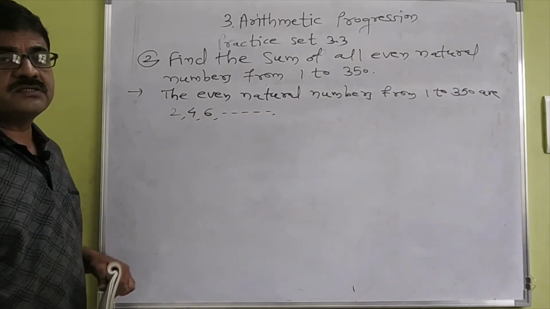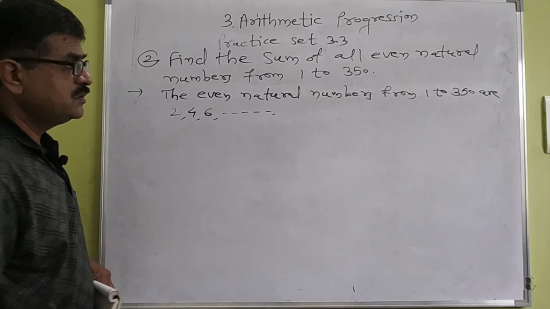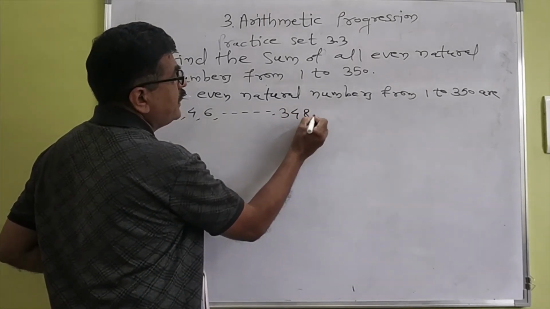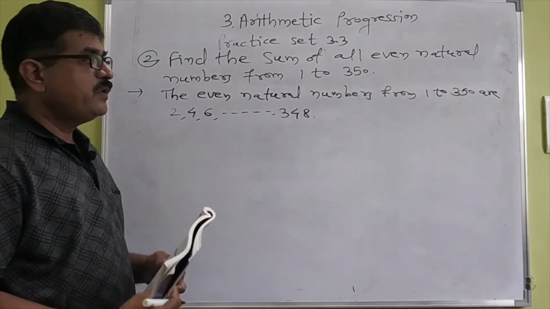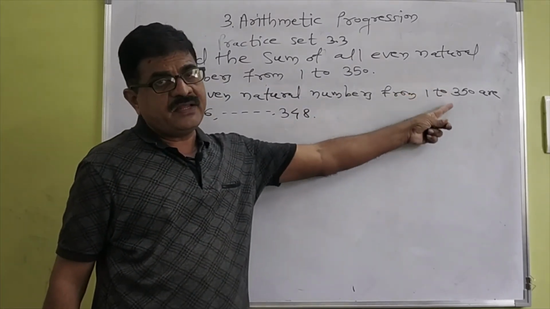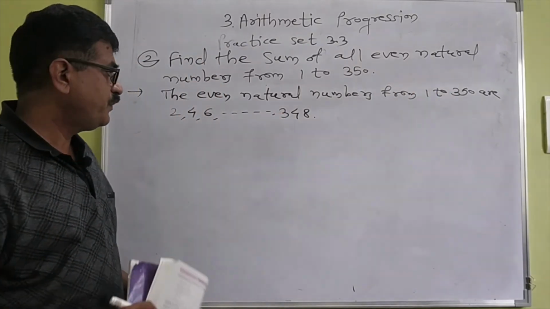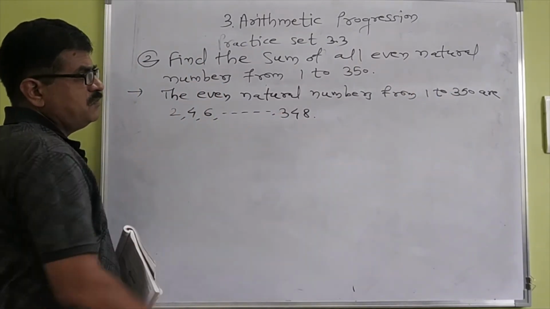Now what is the last even natural number? Up to 350 means take 348. If 350 is included, then take 350, otherwise take 348. Now these are the numbers.